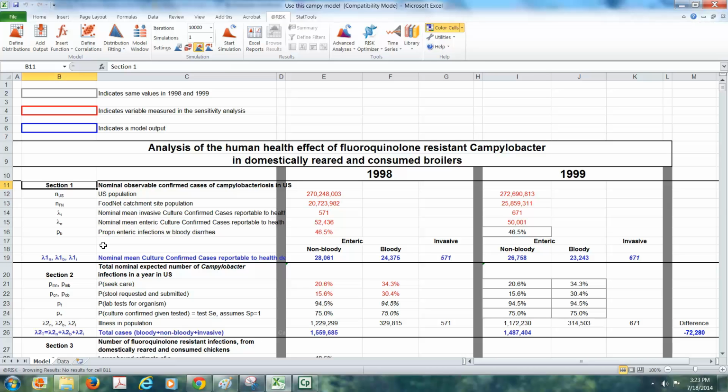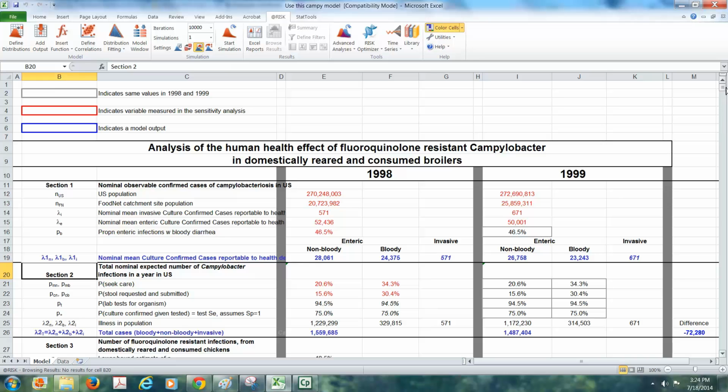And that doesn't happen that much because if we get sick from food, usually we have a rough day or two, but we don't go to the doctor. Notice here, there were 28,000 cases of non-bloody diarrhea, 24,000 cases of bloody diarrhea, and almost 600 cases of invasive Campylobacteriosis. This is when the bacteria gets into the bloodstream and it's a very serious illness.